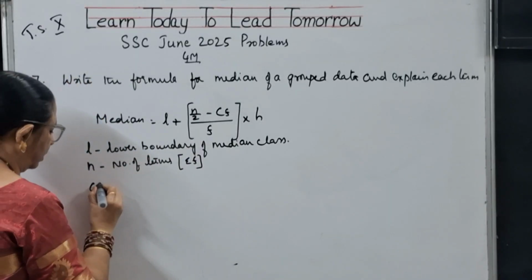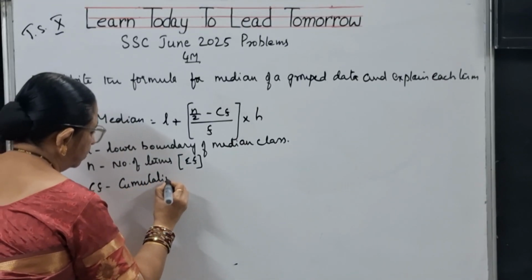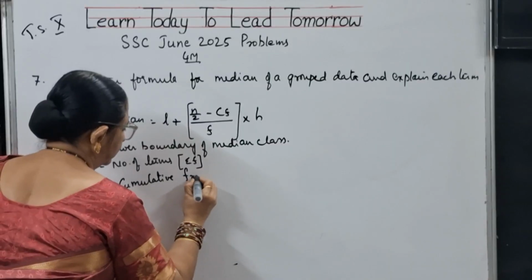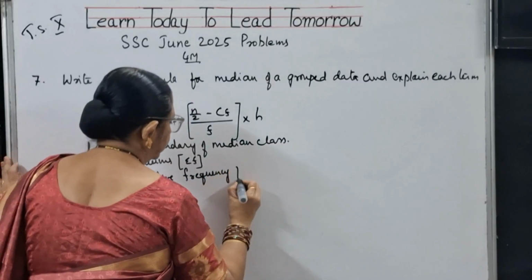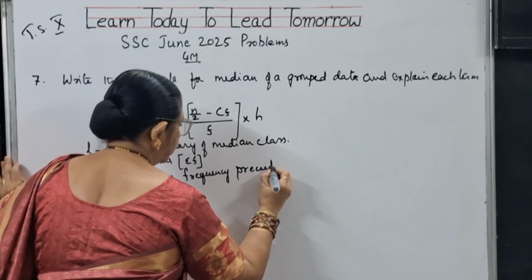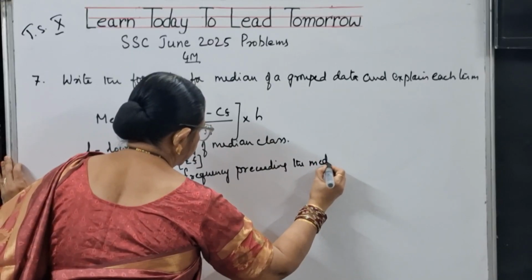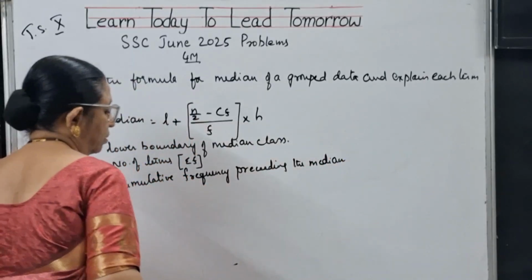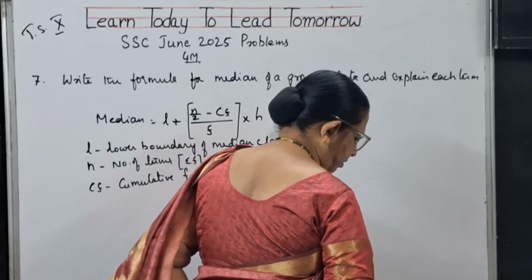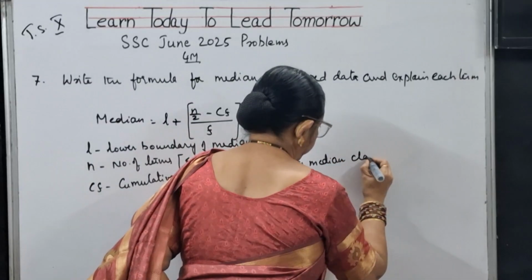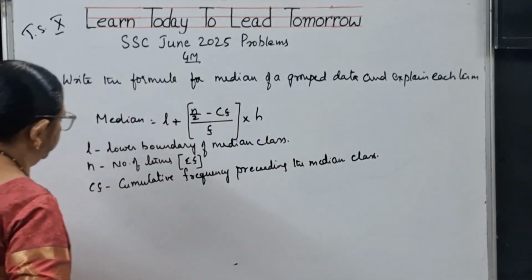And Cf is the cumulative frequency preceding the median class.